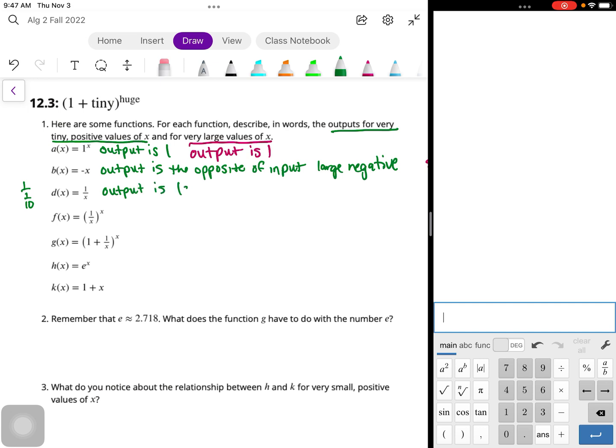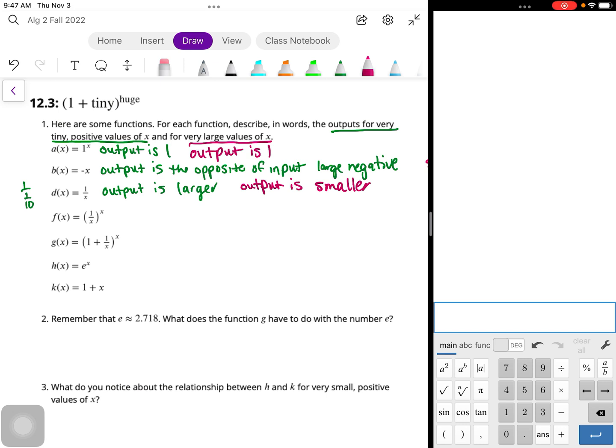And then for the larger x values, your output is smaller. Having trouble writing today. Smaller. There we go.